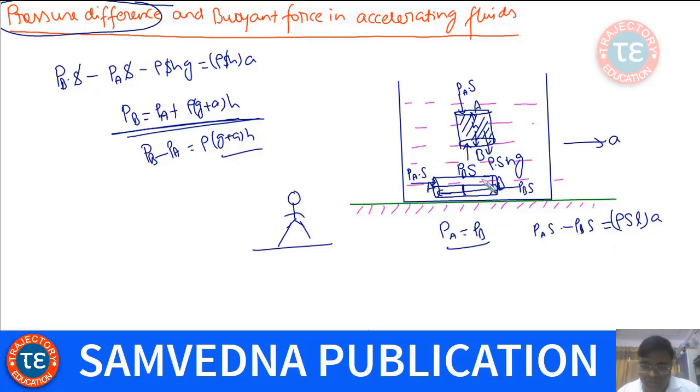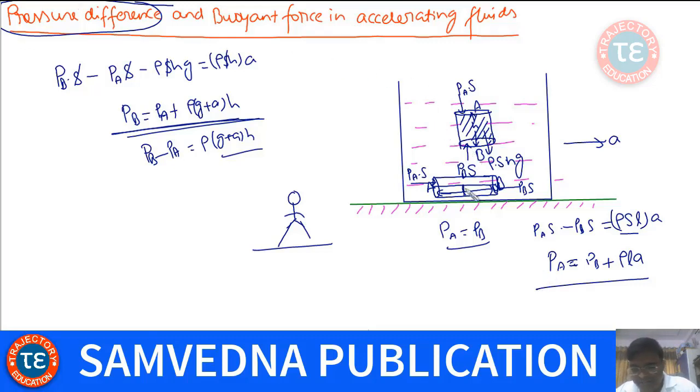So this observer is going to observe this whole sample with acceleration a. The net force towards the right is PA into S minus PB into S equals mass into acceleration. So PA is PB plus rho L a. Getting the point?